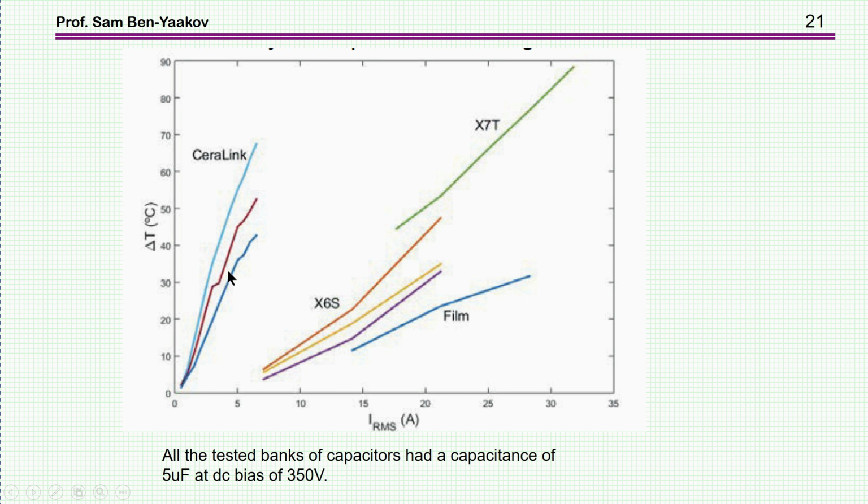But as we have seen before, the Ceralink performance is optimized for high temperature. So you really have to keep going before you'll see a benefit of this capacitor. That is, at 60 degree above ambient, this ESR of the Ceralink is very poor. So therefore, the dissipation is very high.